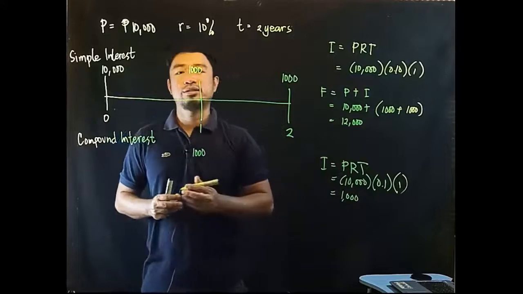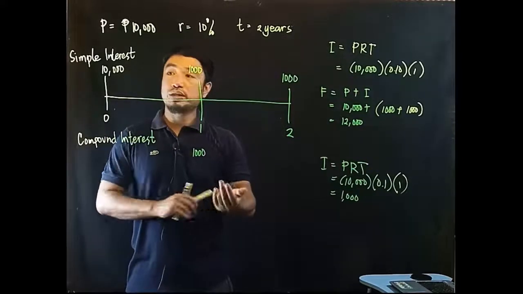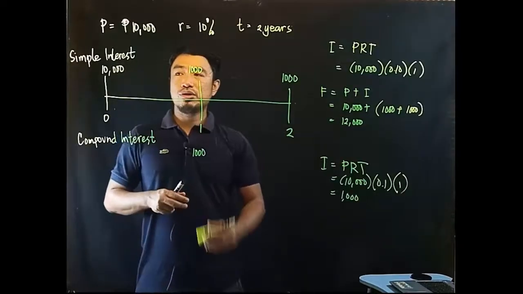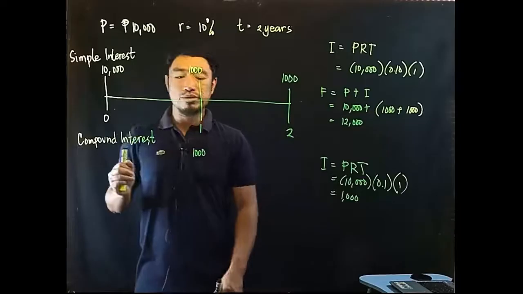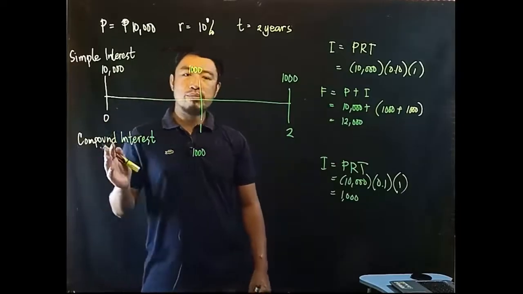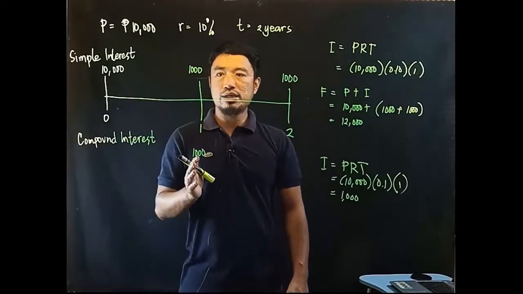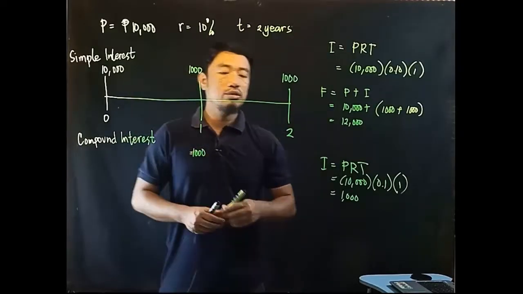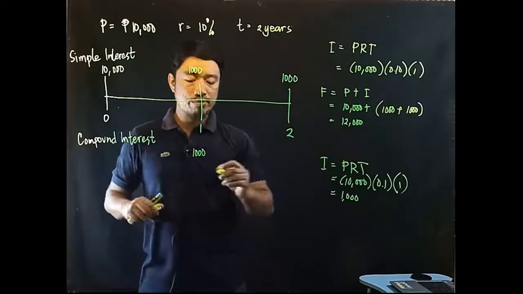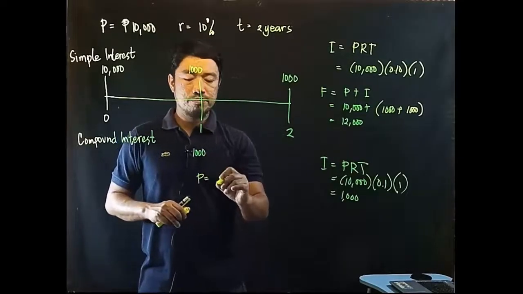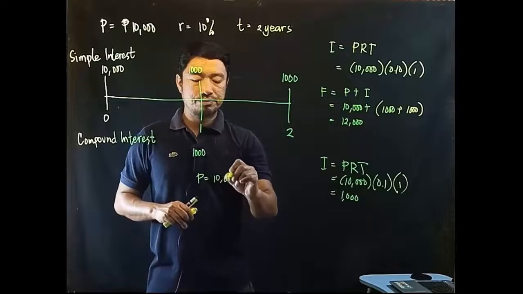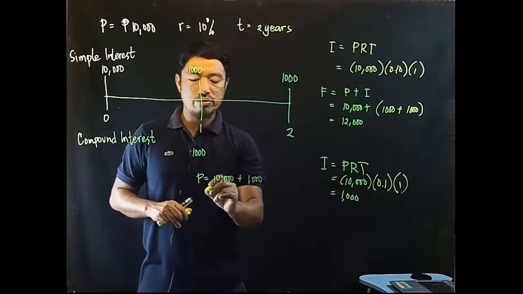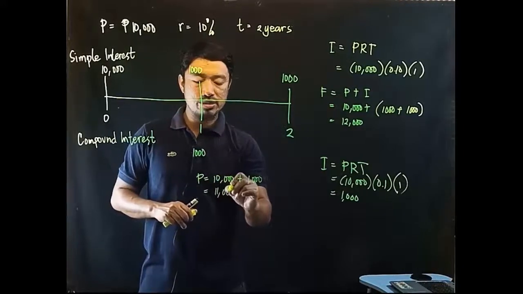On the next year comes the difference between simple interest and compound interest. It is no longer based on the original amount, but on the original amount plus the accumulated interest on the previous period. Therefore, for the interest on the second year, P will become 10,000 plus 1,000, so equivalent to 11,000.